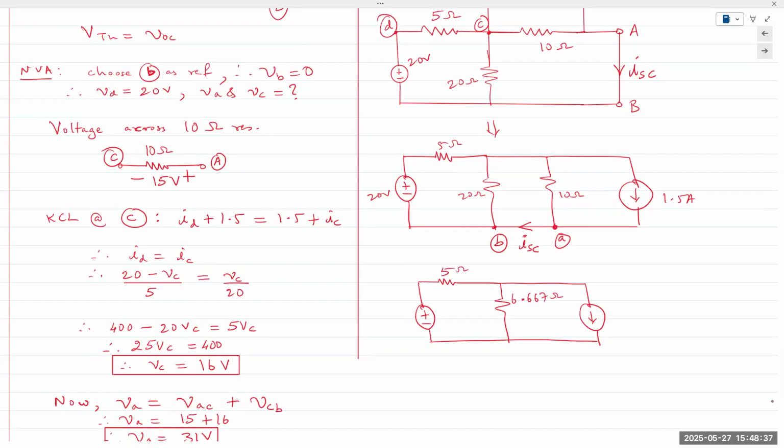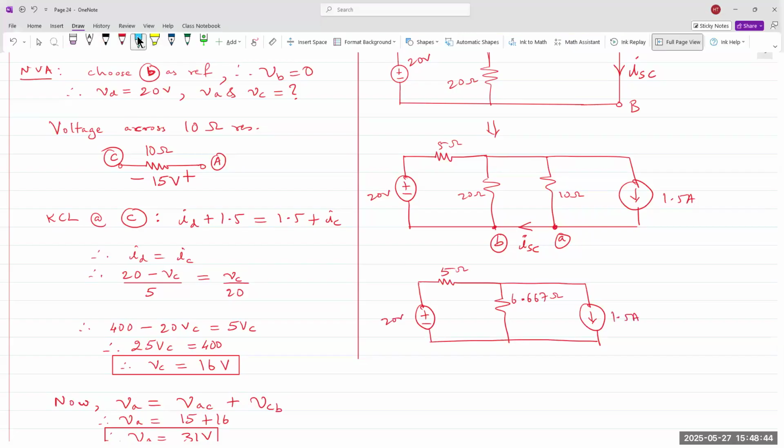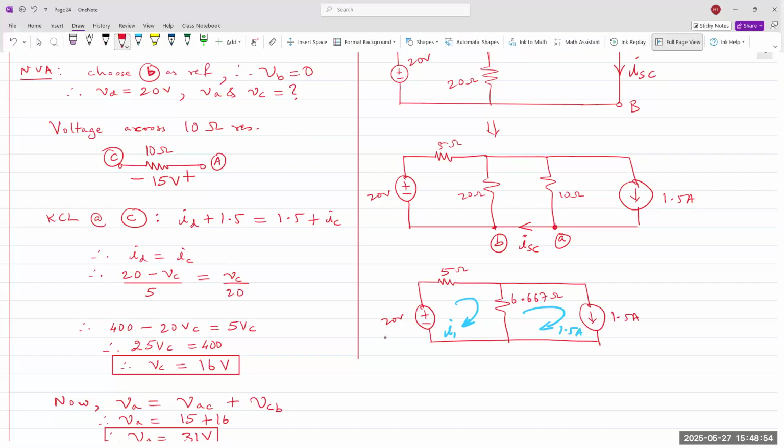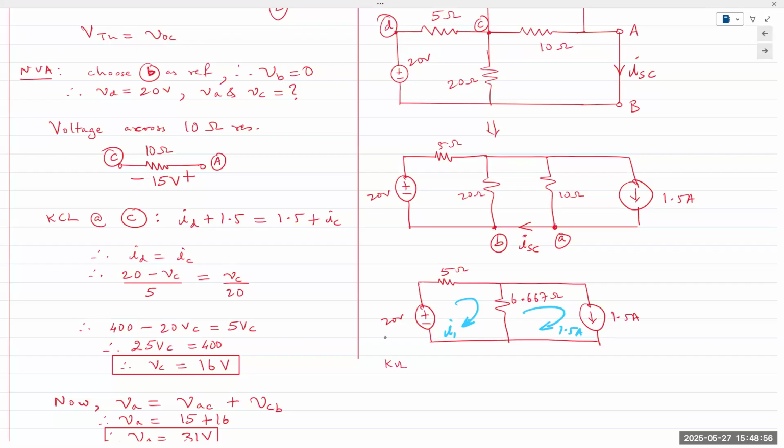This is 5. This is 20 volts. This is 1.5 amps. So if we choose mesh current analysis, let's choose a clockwise direction, I1. And this is 1.5 amps. So KVL in mesh 1.